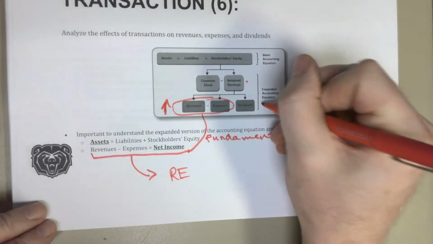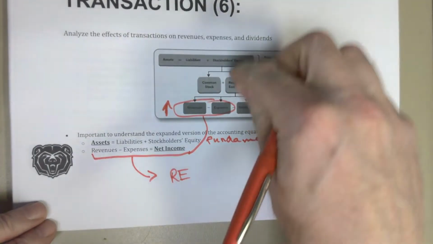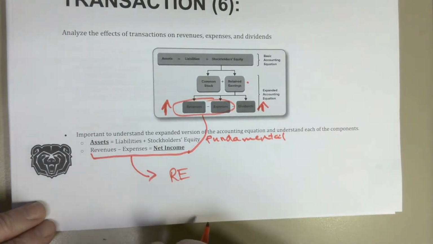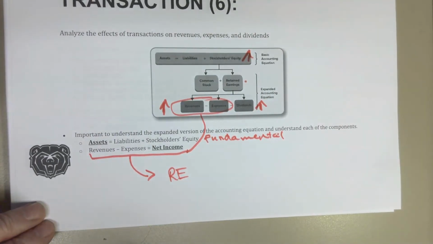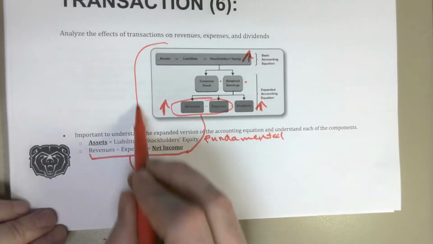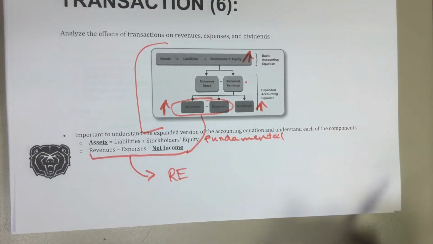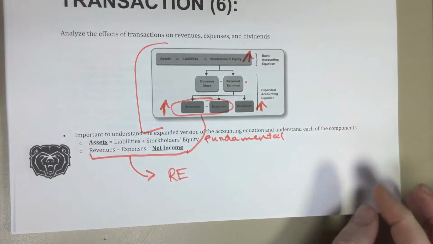What does increasing dividends do to your retained earnings, right? And what does that do to your equity, right? So how does an increase in revenues impact your equity? Well, it would increase your equity, okay? That's why it's important to understand this entire expanded version of the accounting equation, because you want to be able to follow from the income statement all the way to your balance sheet.